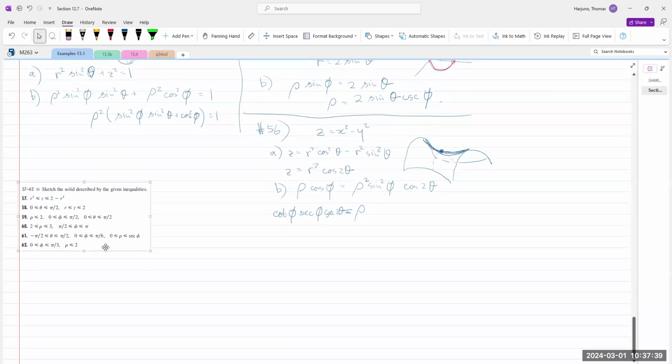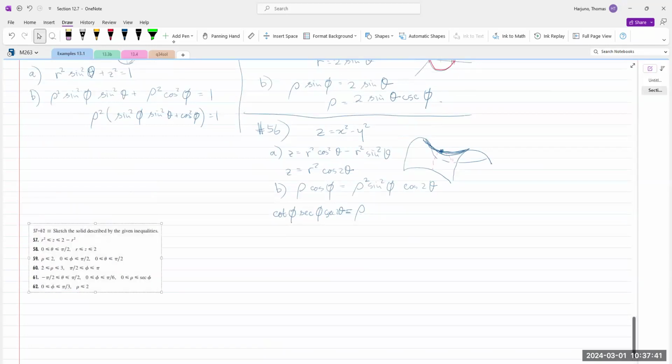I think this is the last part of this section that I want to go over. This time we deal with inequalities. Number 57: r squared is less than or equal to z, less than or equal to 2 minus r squared. Now, let's see the surface first, which becomes the boundary.